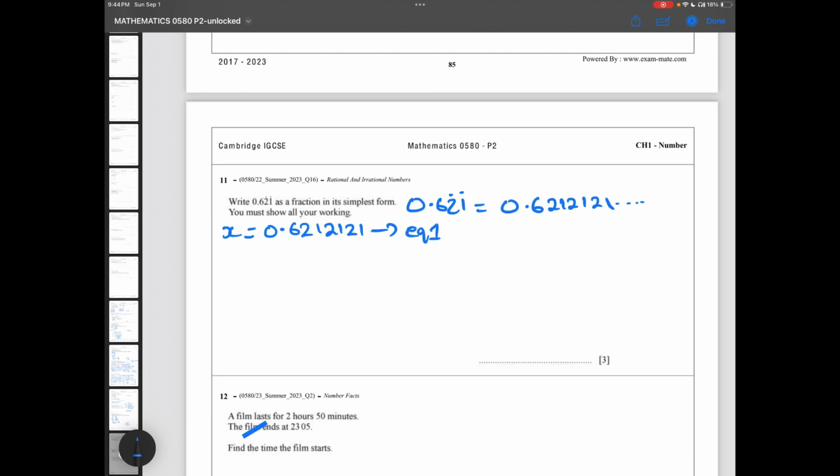Whenever you get recurring decimals, you multiply the equation by a power of 10 depending on the number of recurring decimals. If you get one recurring decimal, multiply it by 10. If you get two, multiply it by 100. And if you get three, multiply it by 1000.